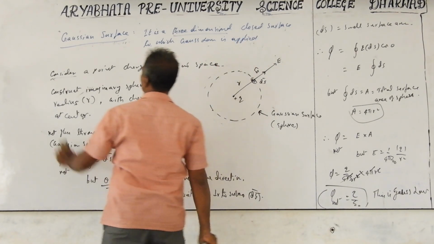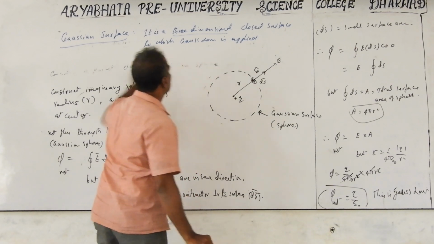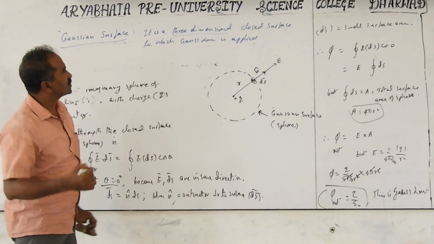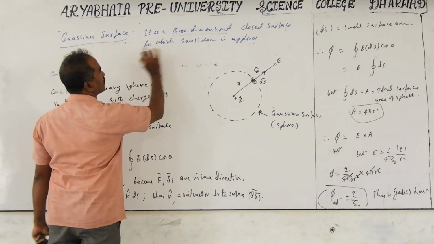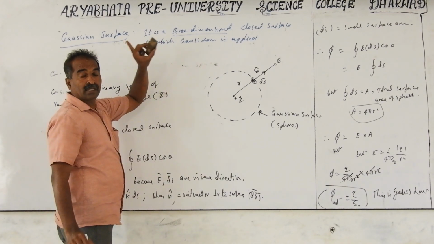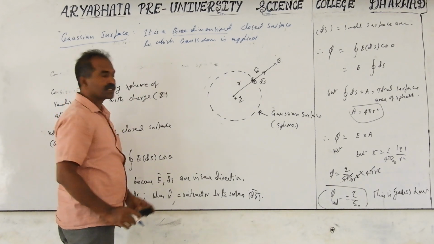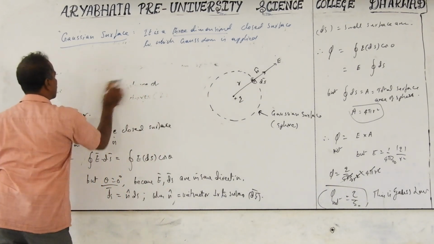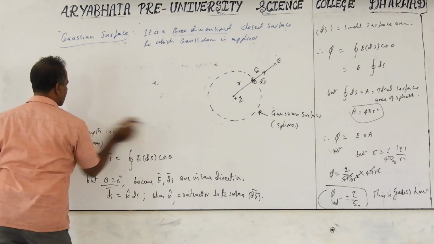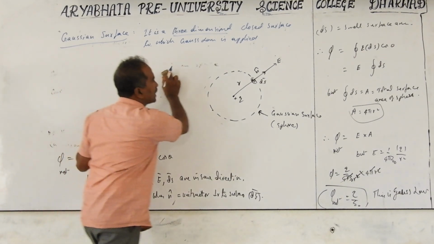Mentioning three-dimensional is not necessary. You can simply say it's a closed surface to which Gauss law is applied. I am giving three-dimensional as extra, it's not mentioned in the textbook also. But you have to know that it's not two-dimensional, it is three-dimensional. Three-dimensional means it can be a cube, a sphere, any shape. A Gaussian surface can be of any shape and any size also.